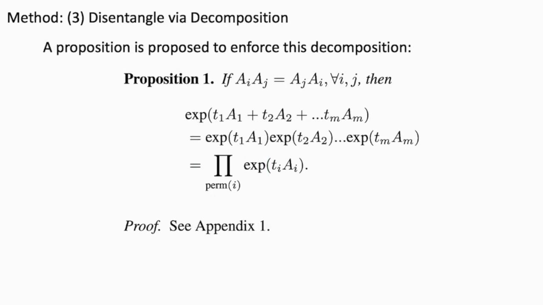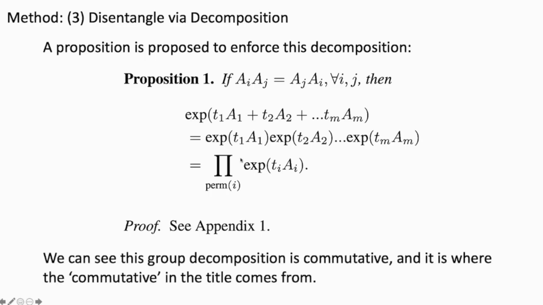Here we introduce a proposition to enforce this decomposition. This proposition says that if the Lie algebra basis components are commutative to each other, then the corresponding group can be decomposed into one parameter subgroups. Note that this group decomposition is also commutative, and it is where the commutative in the paper title comes from.